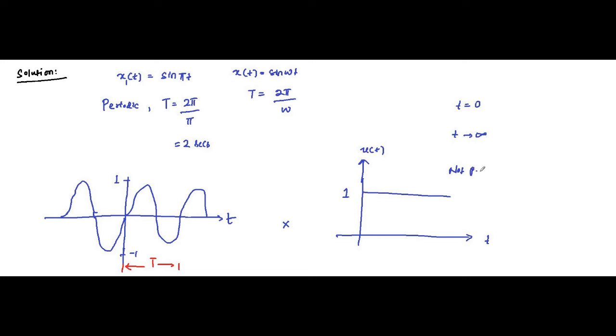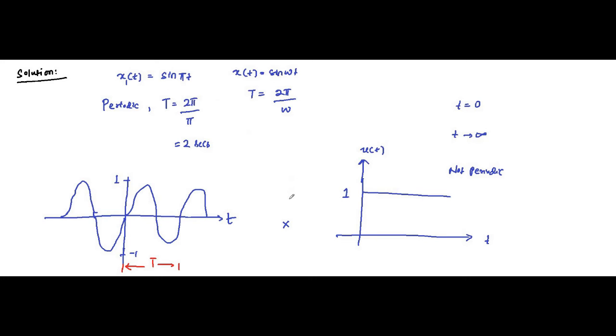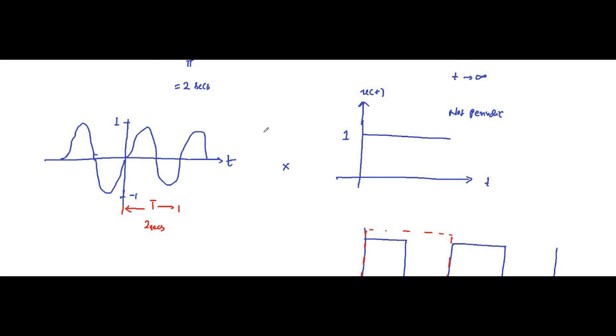When we multiply the unit step signal with the sinusoidal signal, there is nothing in the negative time duration, that is for t less than 0.